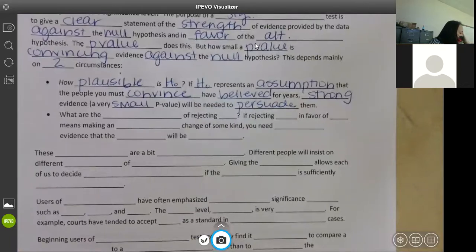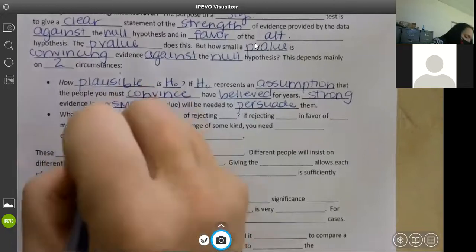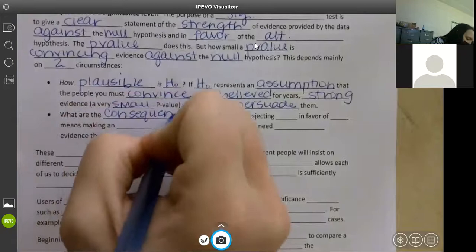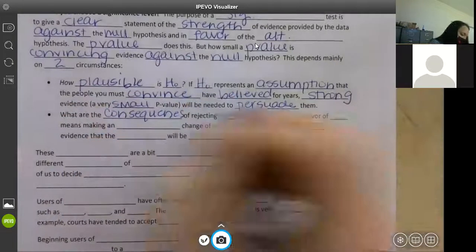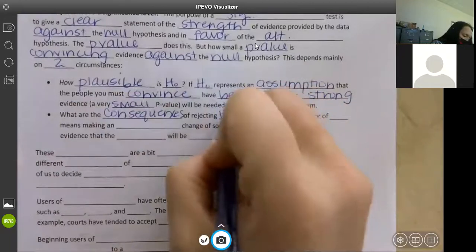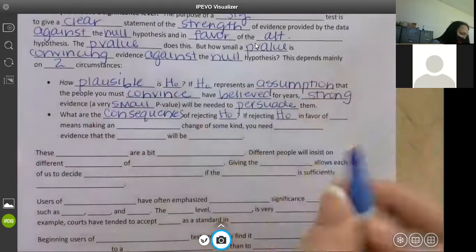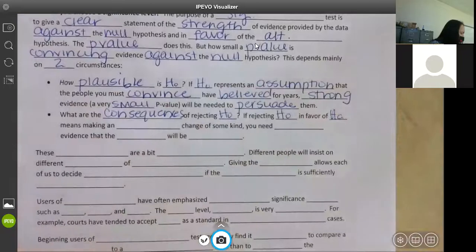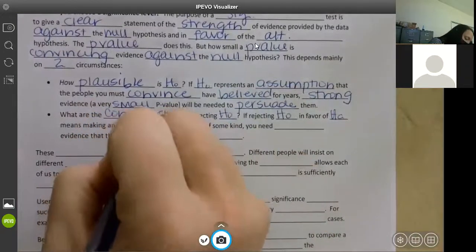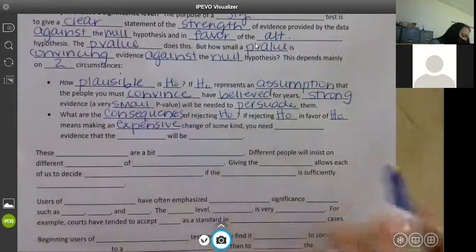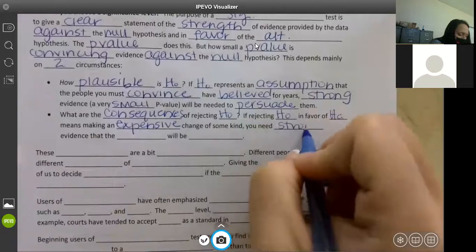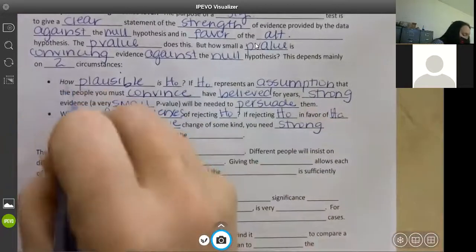And then the second one, what are the consequences of rejecting H sub O? If rejecting H sub O in favor of H sub A means making an expensive change of some kind, you need strong evidence that the change will be beneficial.